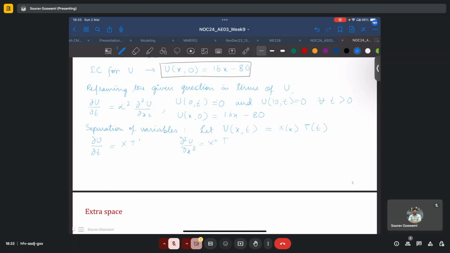If we substitute this back into the original heat equation, that is the one we framed in terms of capital U, ∂u/∂t becomes alpha squared ∂²u/∂x², which would imply that X T prime equals alpha squared X double prime T, which would imply that X double prime by X equals minus T prime by alpha squared T, which is equal to minus lambda, where minus lambda is the separation constant.